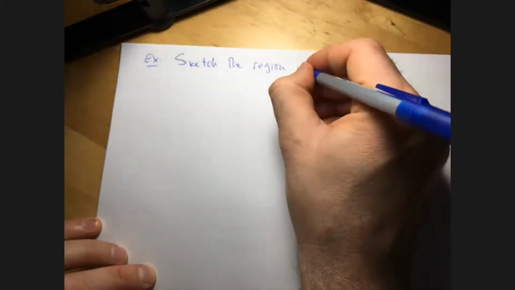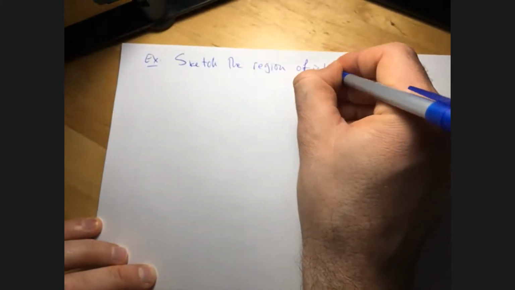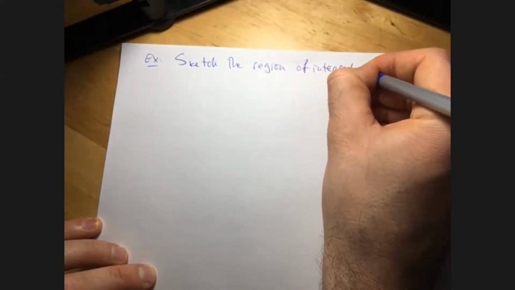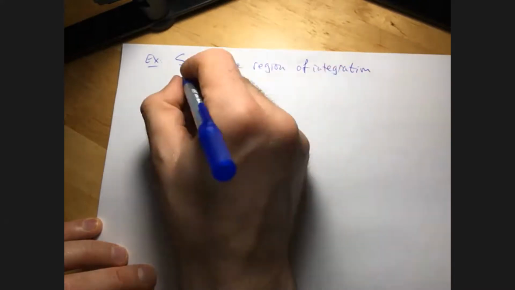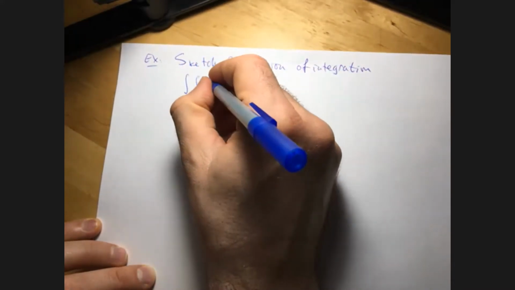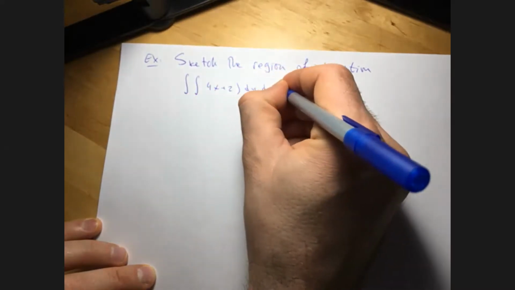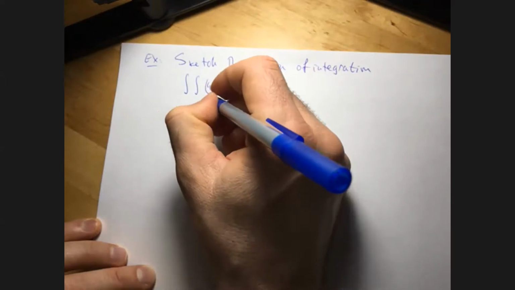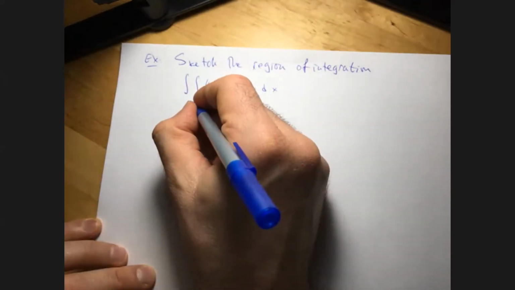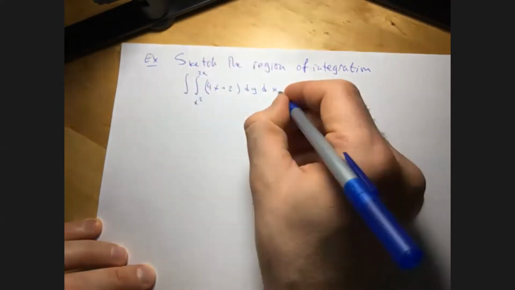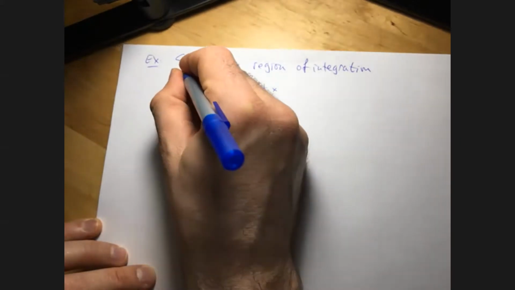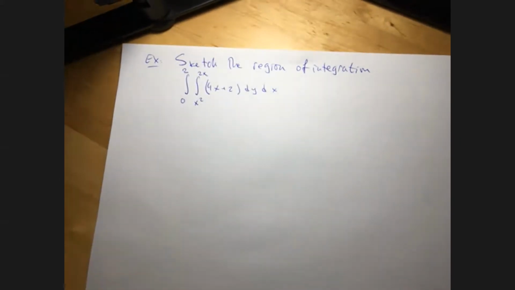Sketch the region of integration. You have 4x plus 2 dy dx, where y goes from x squared to 2x and x goes from 0 to 2. Just sketch the region of integration.